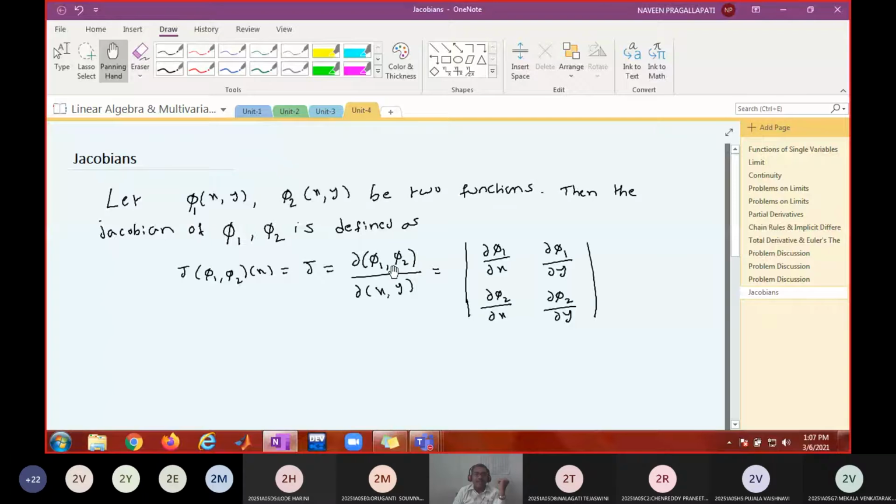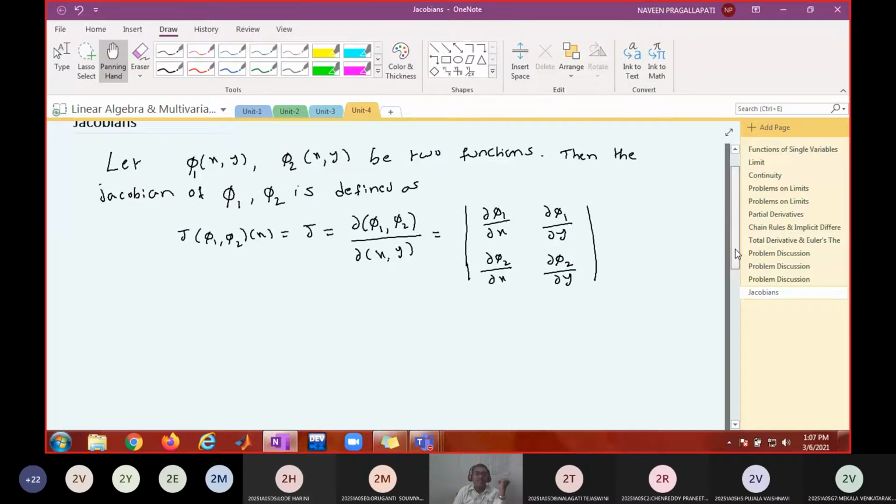Second row is dou phi 2 by dou x, dou phi 2 by dou y. Is it okay? There is a mistake here, because it is a function of two variables, right? I should not write simply x, J of phi 1, phi 2 or simply J.